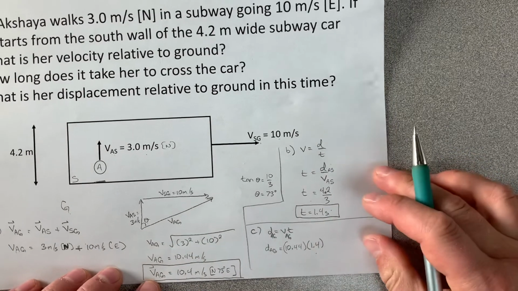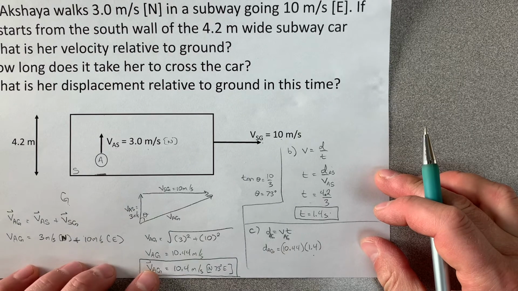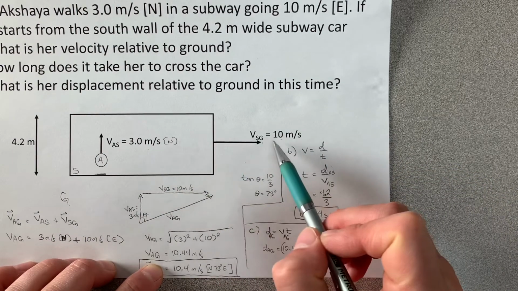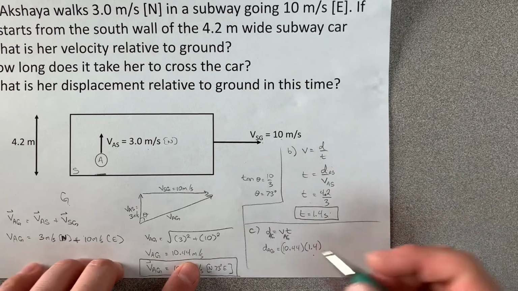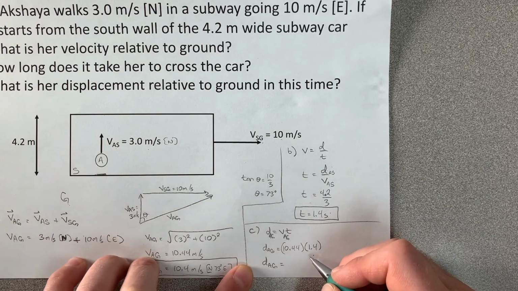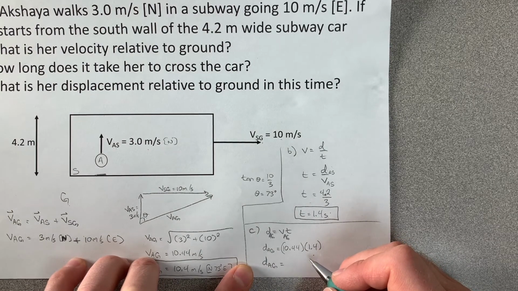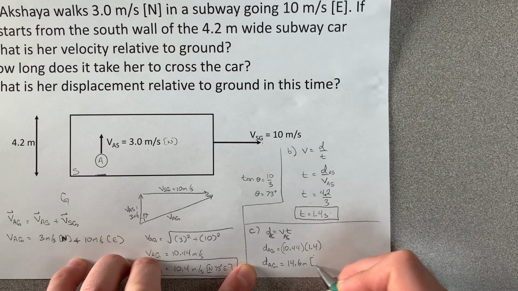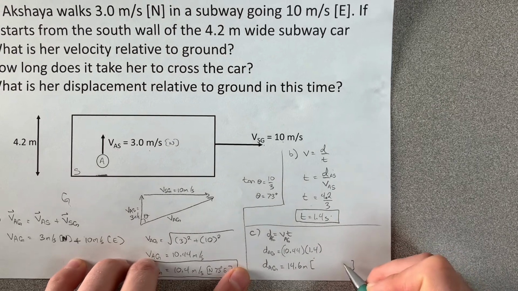That's the same principle going on here. The time, whether she's going this way or going this way because the subway car is moving that way, all the times are the same. I'm going to multiply this and I get 14.6 meters. Now, what direction would this be?